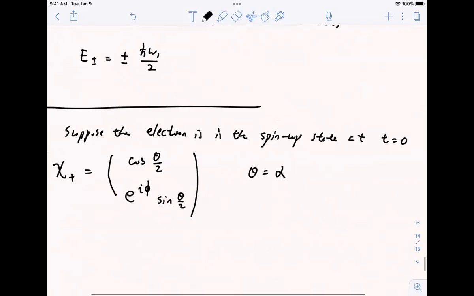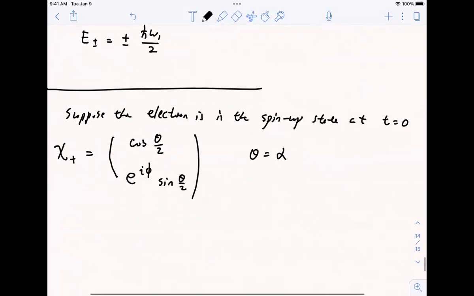So you just consider a sphere with the angles theta and phi. Suppose now you have an arbitrary phase.